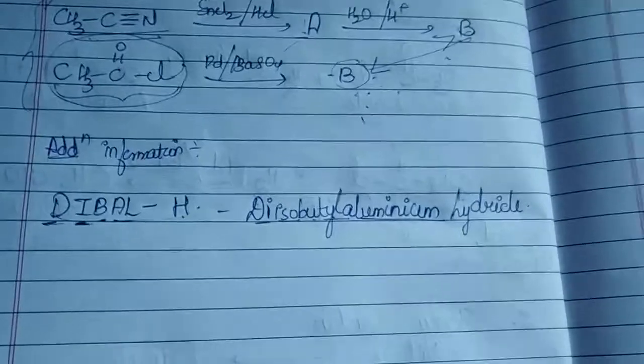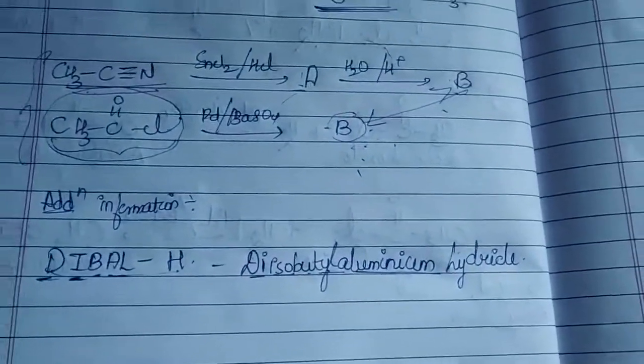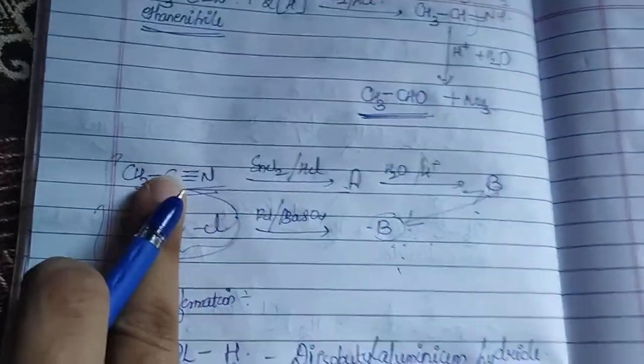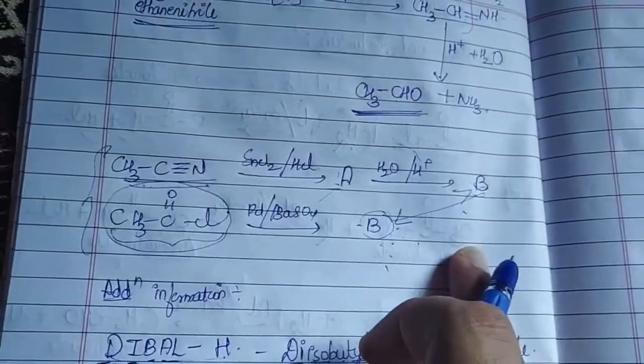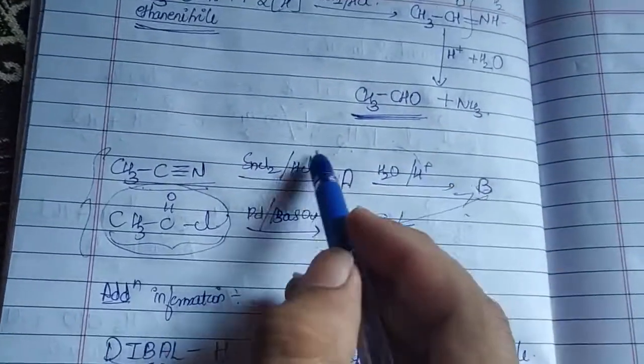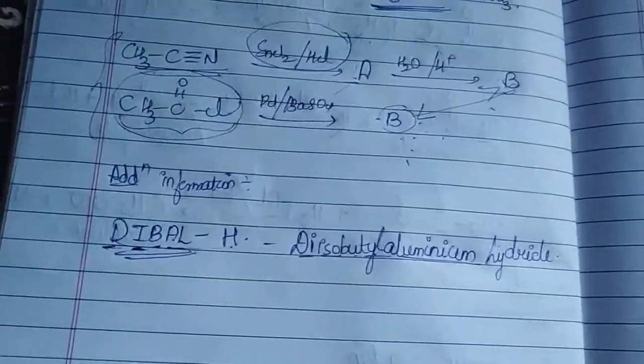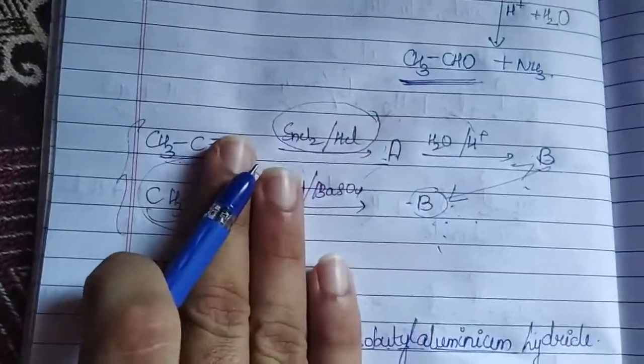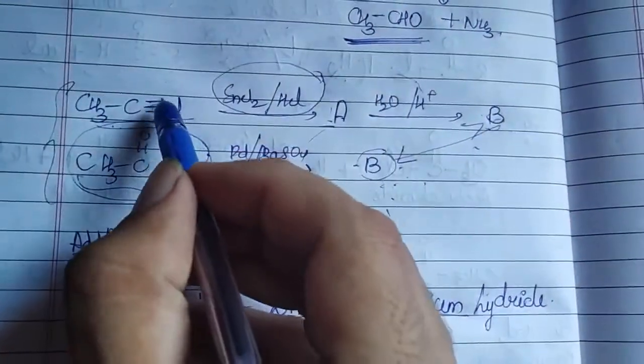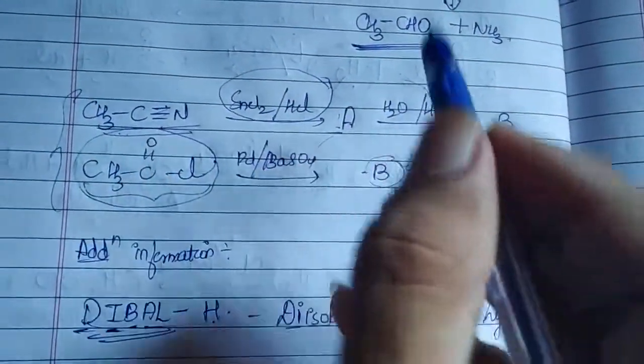Why I'm saying this is because in your competitive exams, by utilizing nitriles, they are going to get aldehydes. But instead of taking stannous chloride in HCl, they will prefer DIBAL-H. What is the reason? I will say. Of course, in this Stephen reaction, the triple bond has been converted to double bond.